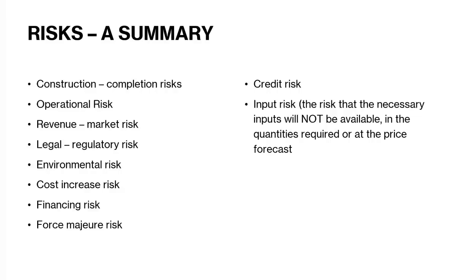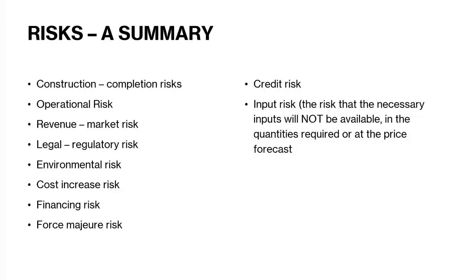So you've got that cost increase risk, financing risk, force majeure risk, credit risk, input risk, the risk that the necessary inputs will not be available in the quantities required or at the price that was expected.